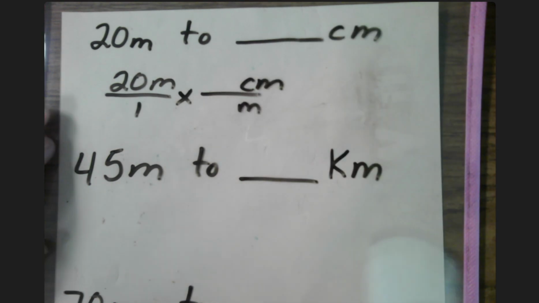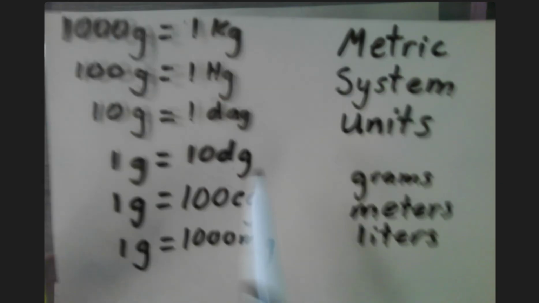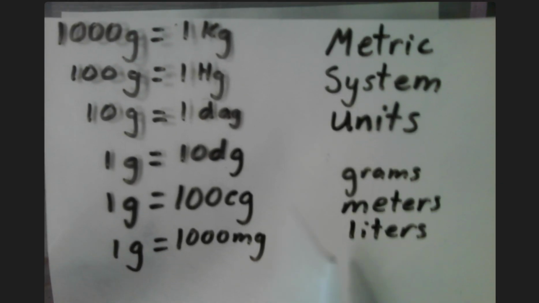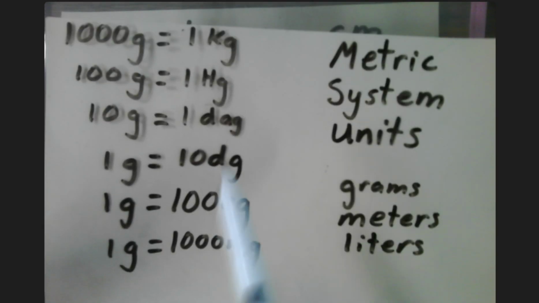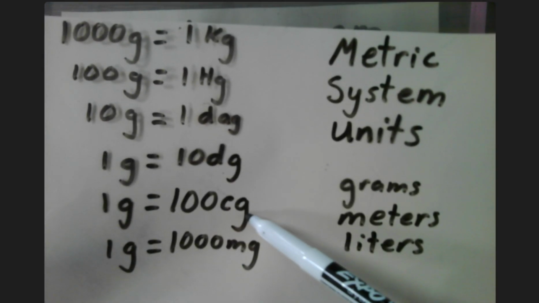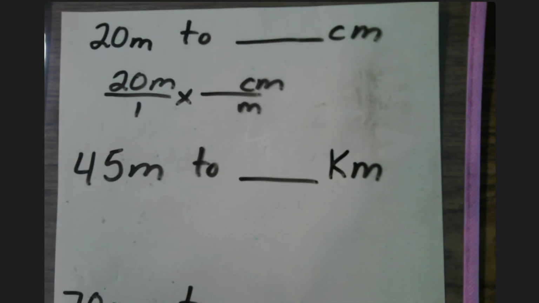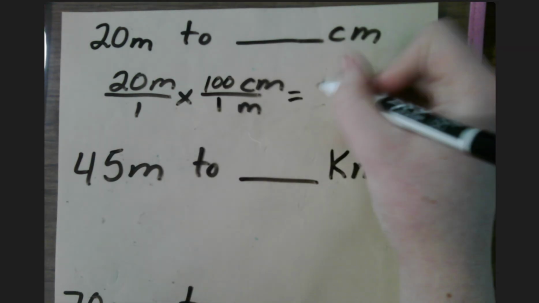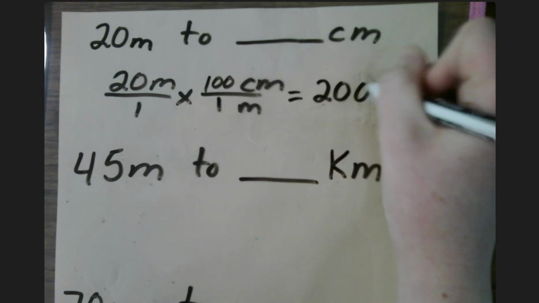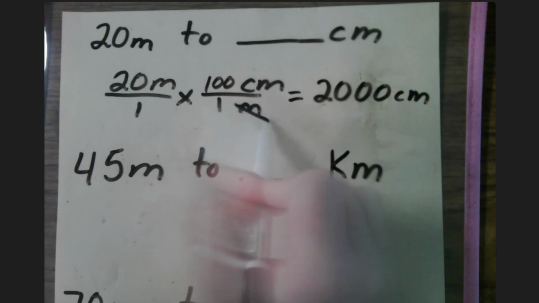We can look at what we did over here because we can switch out grams for meters or liters, but this is all the same. And we're looking for centimeters, which is down here. 100 centimeters is equal to 1 meter. So we have 100 centimeters there and 1 meter there. Now we just multiply, and we get 2,000 centimeters.